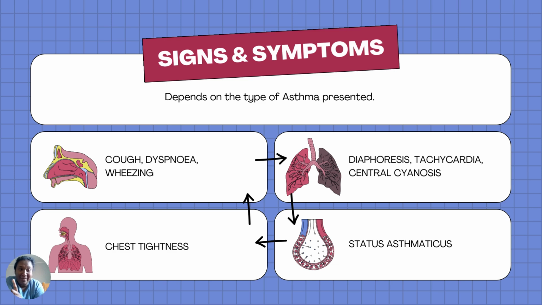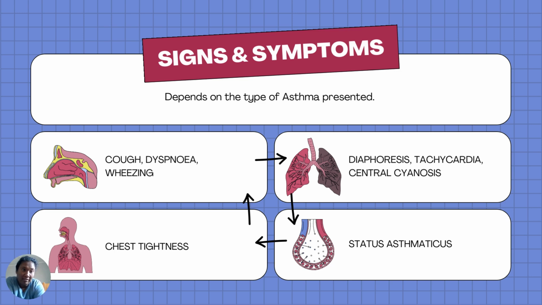It could be in the ICU, it could be in the ward setting, or it could even be in the community. So that implies that the disease could be presented in any varying severity. So the presentation of the signs and symptoms depends on the severity of the disease.